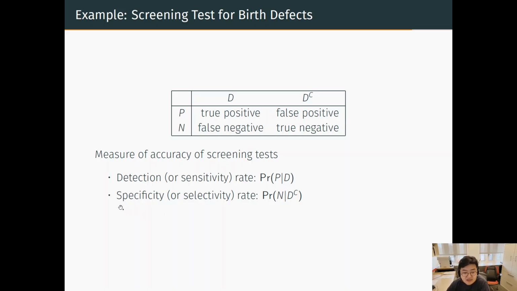And specificity, or selectivity rate, a different way of measuring accuracy, is when there is no disease, what is the probability of a true negative, right? So this is their definition. Researchers provide accuracy measures in these terms in many fields, and my doctor did too.